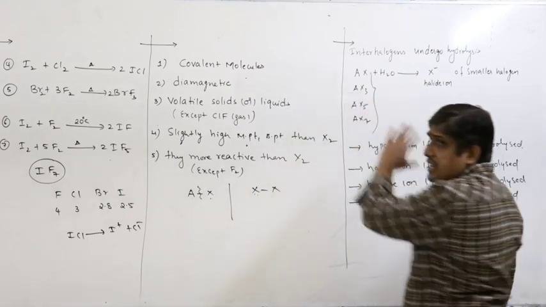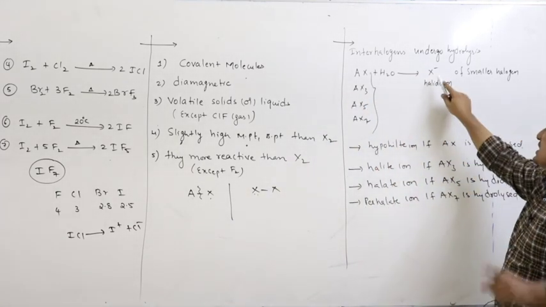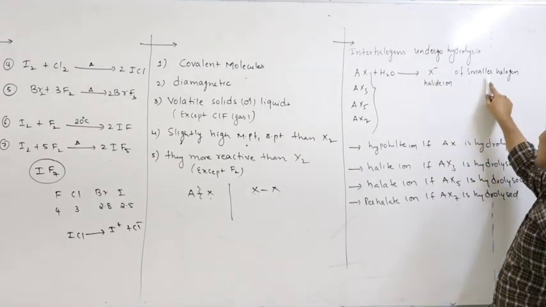Once again, take any interhalogen compound, upon hydrolysis you will always get one halide ion of the smaller halogen.